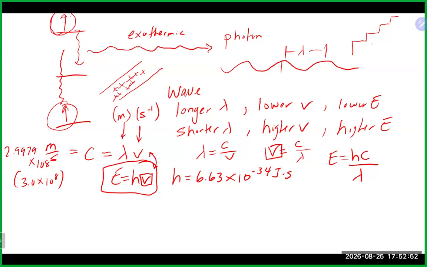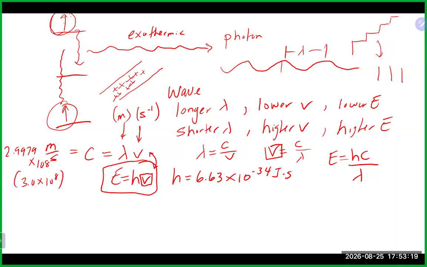In a quantized system, like we'll see today in lab, you will see distinct lines. Each of those lines represents an electron transitioning from one energy level to the next. It gives off a certain amount of energy, which corresponds to a specific wavelength, and you will see a specific line associated with it. Any questions on that?